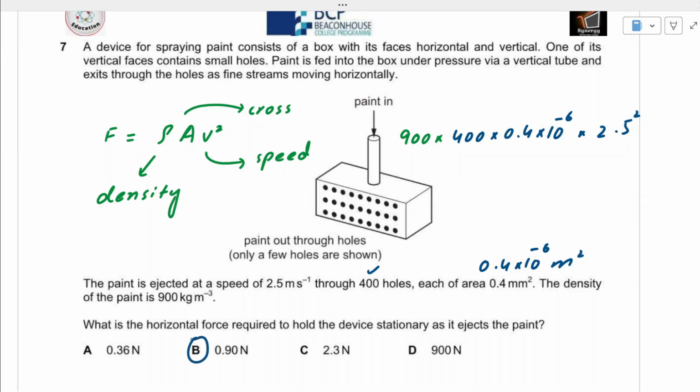I think you'll be getting B as the right answer. I mean, I'm not really sure about the calculation. You can calculate it by yourself.